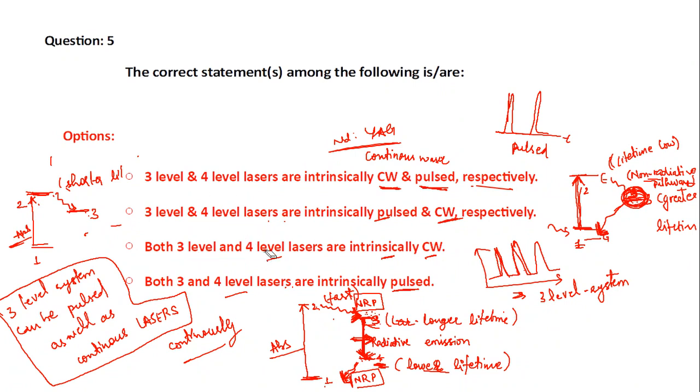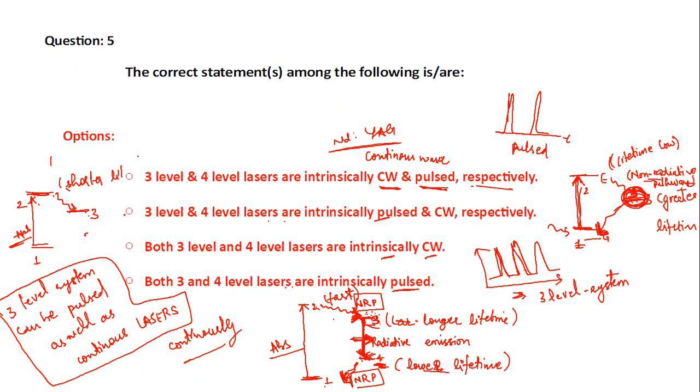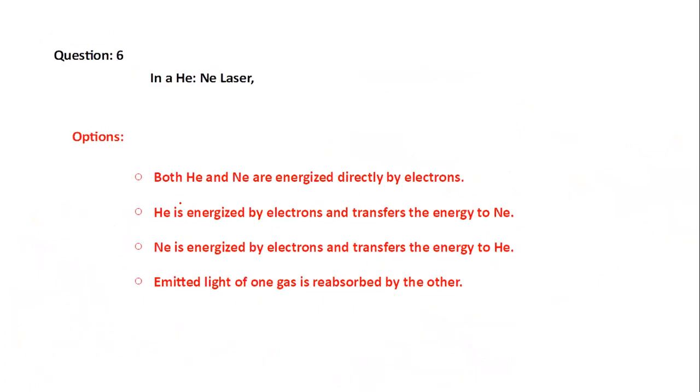So our answer to this question is three levels are intrinsically pulsed and four levels are intrinsically continuous wave. This is our right answer. Do you have any doubt in this question? No. Okay. Now I'll proceed to question number 6.